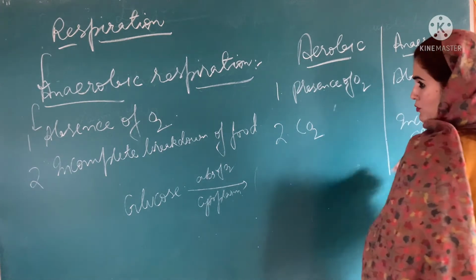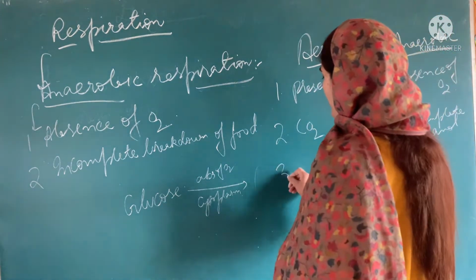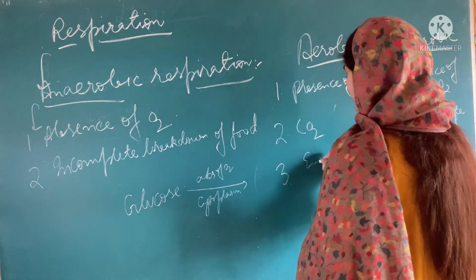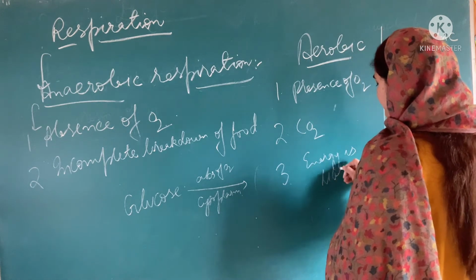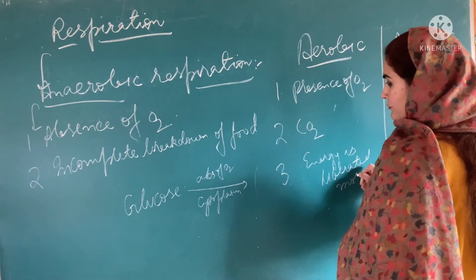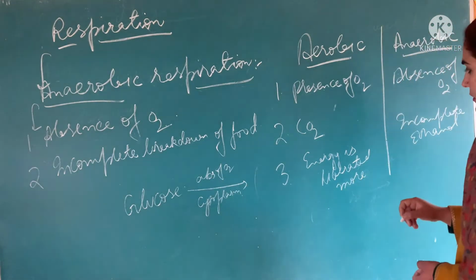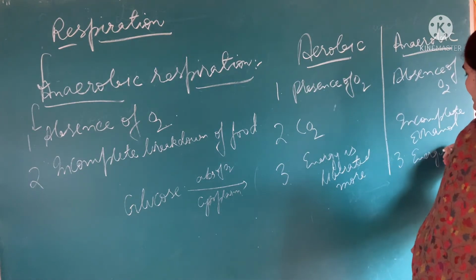Even lactic acid is produced, when I gave you the example of muscle fatigue. Third point, in aerobic respiration energy is liberated in larger amount, and in anaerobic, energy is liberated in lesser amount.